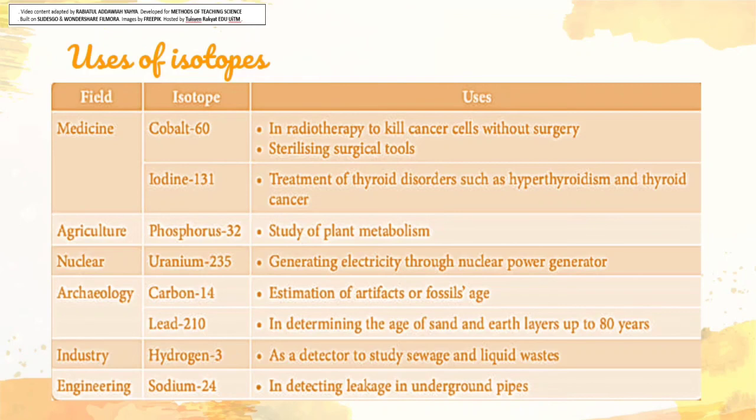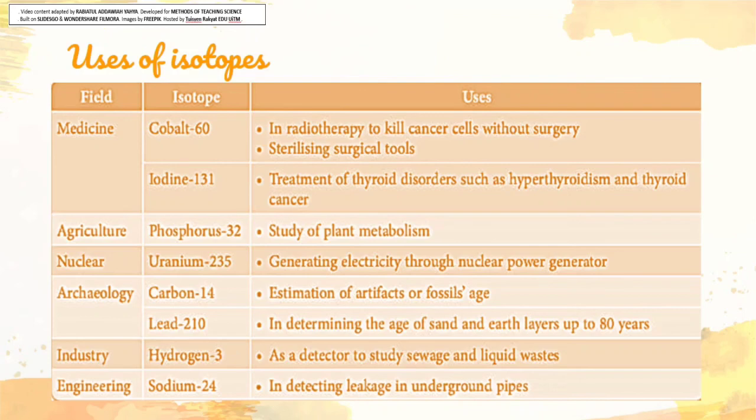In the field of agriculture, phosphorus-32 is used to study plant metabolism. In the nuclear field, uranium-235 is used to generate electricity through nuclear power generators. In the field of archaeology, carbon-14 is used to estimate the age of artifacts or fossils.